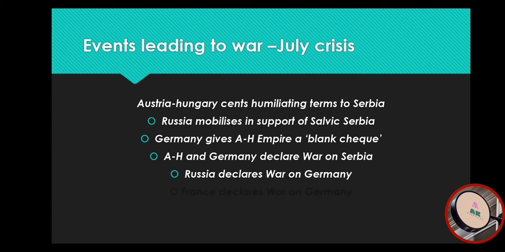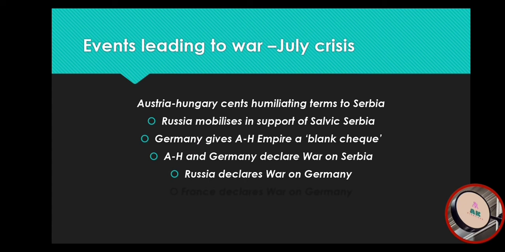So what happened here? Austria-Hungary asked Germany for support, and Germany said, okay, I am with you to defeat Serbia. When Germany was ready to defeat Serbia, Russia attacked Germany, and France also attacked. Why? Because Russia and France are in the Triple Entente.